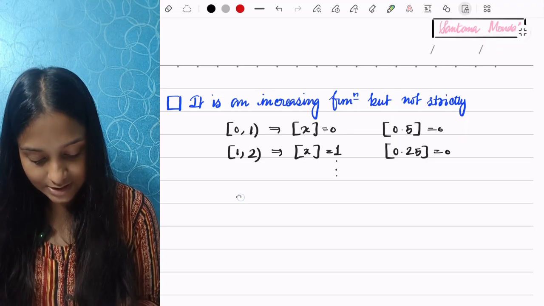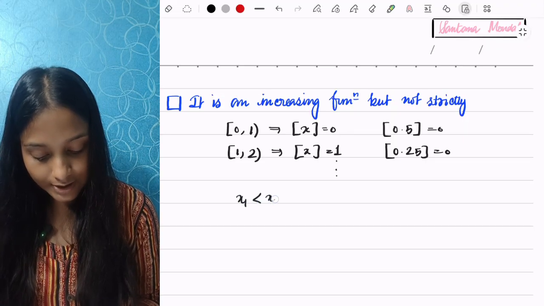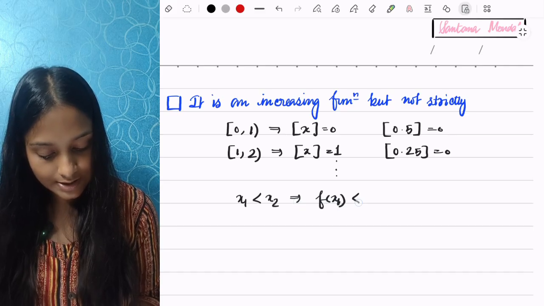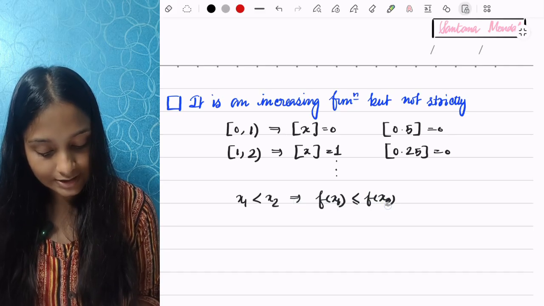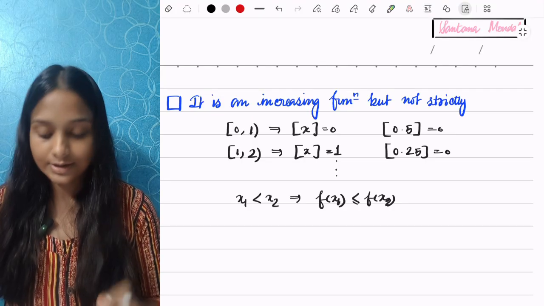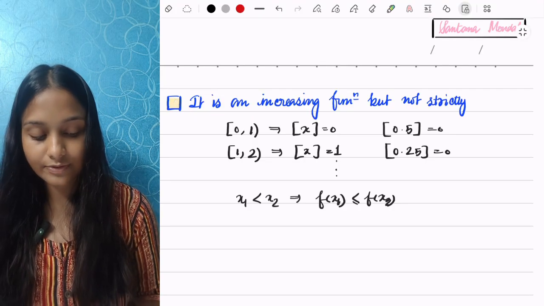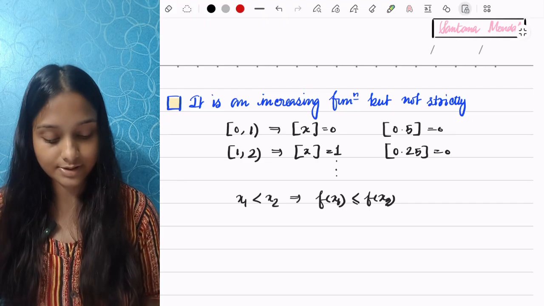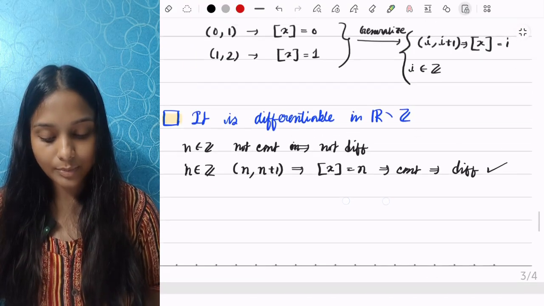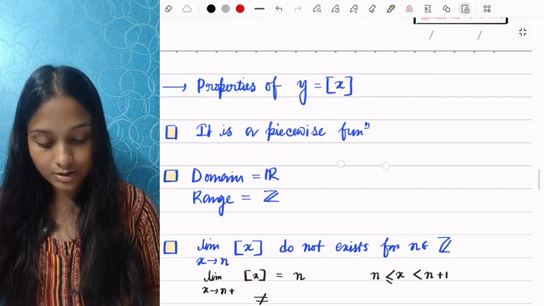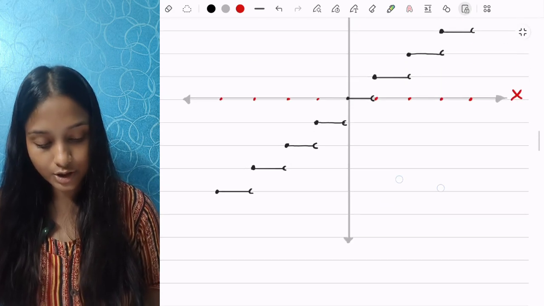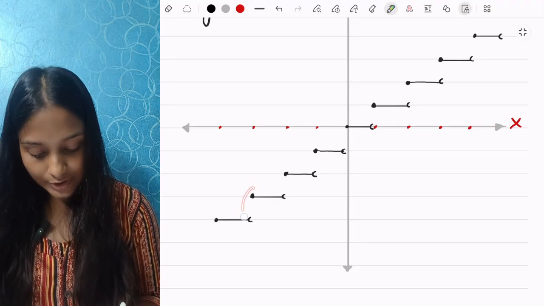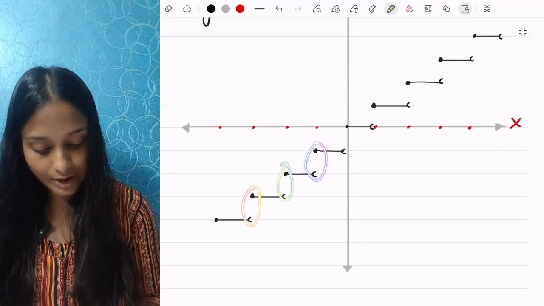So it must satisfy the condition that if x1 is less than x2, that implies f of x1 is less than or equal to f of x2. And this property is holding, therefore this floor x function is an increasing function, but it is not strictly increasing. All these properties can be clarified from this graph. Again, we can see here that there are breaks in the integer parts.